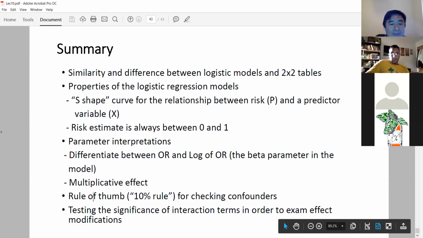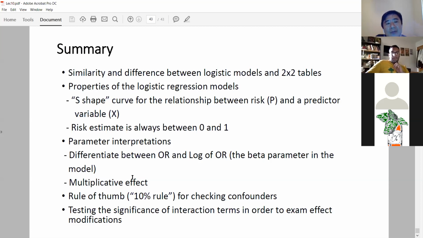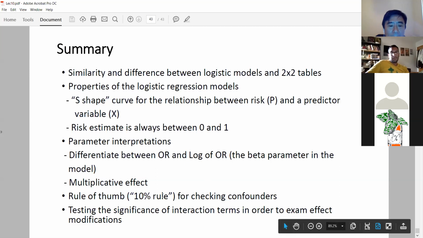Also, in order to test for a confounder, you need to use that 10% rule. And for testing effect modification, you need to add interaction terms in the logistic regression model and evaluate those specific interaction terms to know if there's a significant interaction between the exposure and the potential effect modifier. Testing the significance of those terms would also be important.